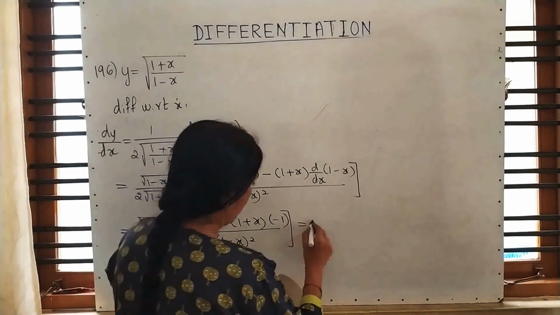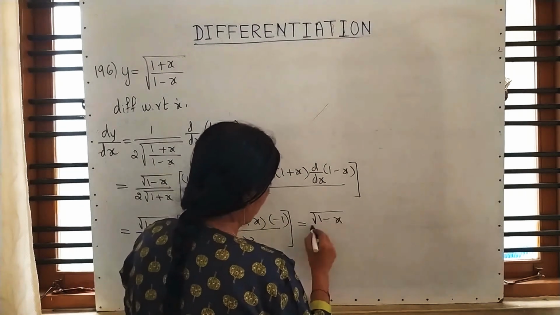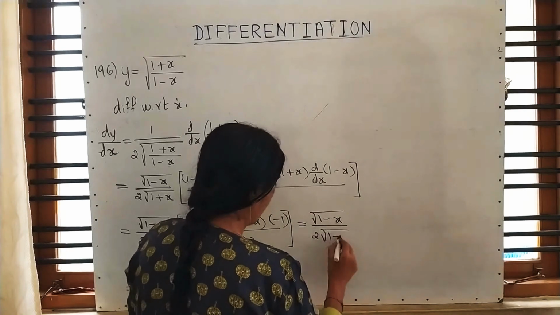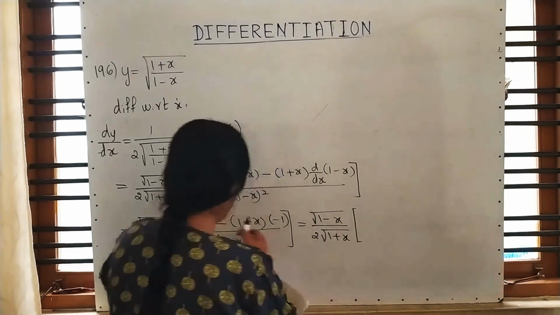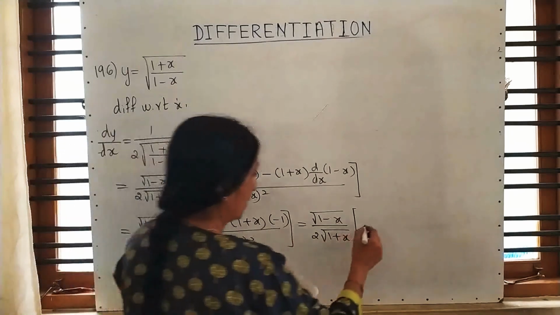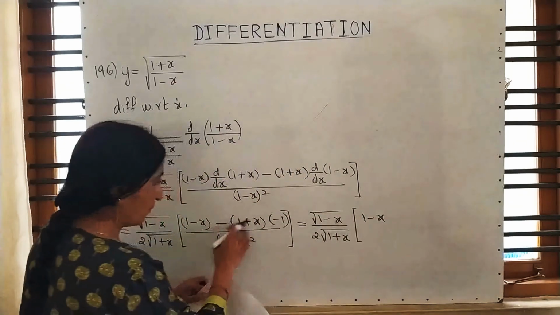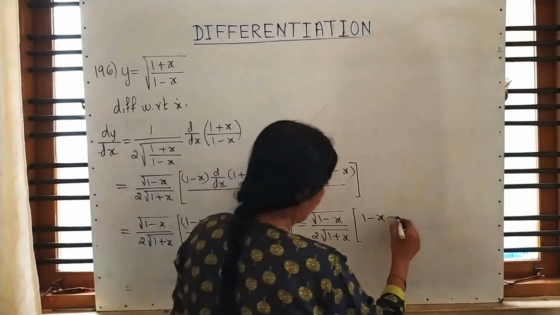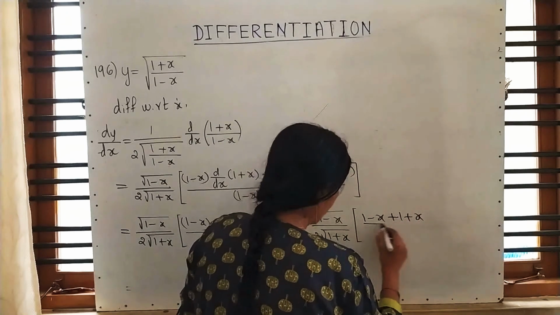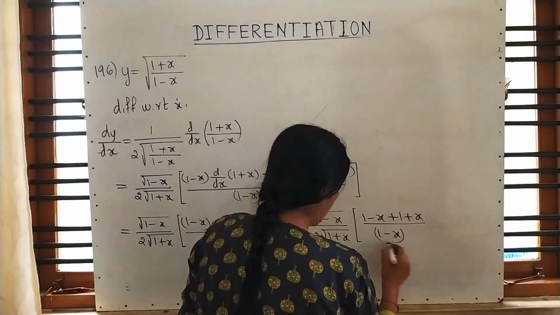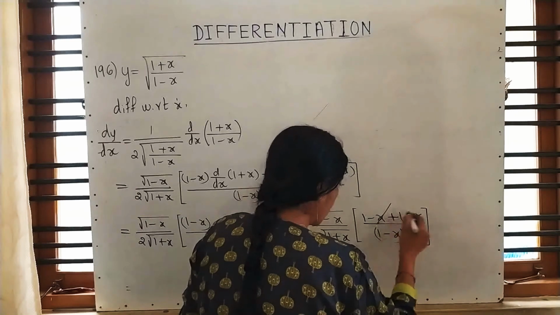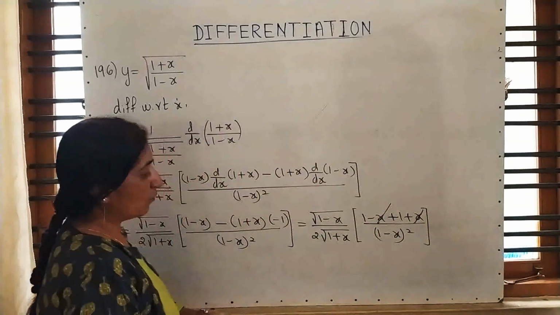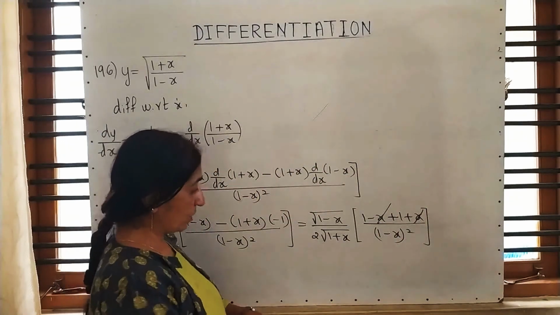Next. Root of 1 minus x upon 2 root 1 plus x in the bracket. Here 1 minus x as it is, and this is multiplied with this, it becomes plus, 1 minus x whole square. Minus x plus x gets cancelled, and one more simplification, students.